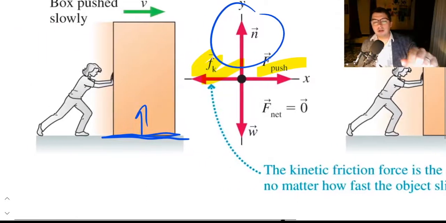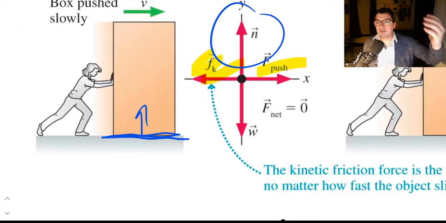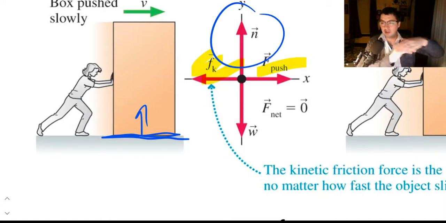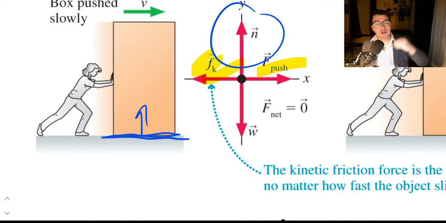Is it a wood box sliding across a very rough floor, or is it a wood box sliding across a floor with a soapy film on it? Those surfaces are going to give different coefficients, which might reduce or increase the friction force, right? A very slippery floor will have a low coefficient of friction. A very rough floor interacting with that surface of the box will have a large coefficient of friction.